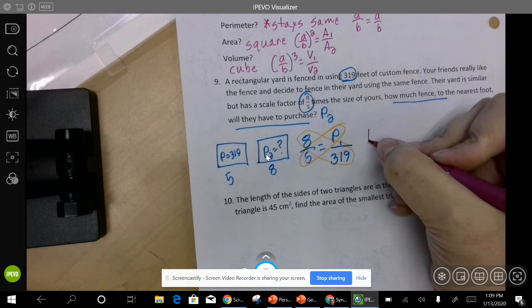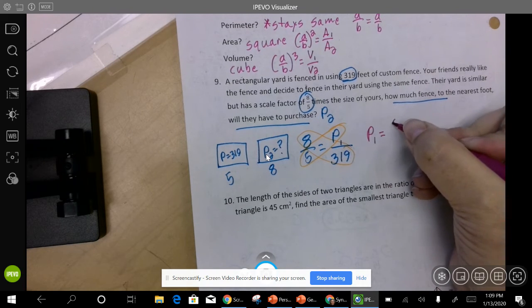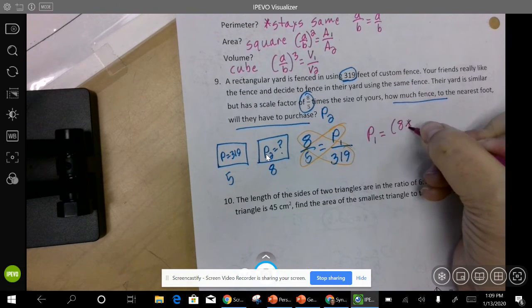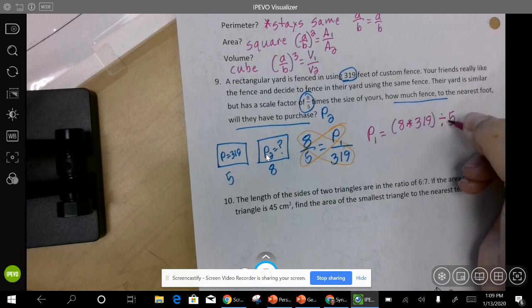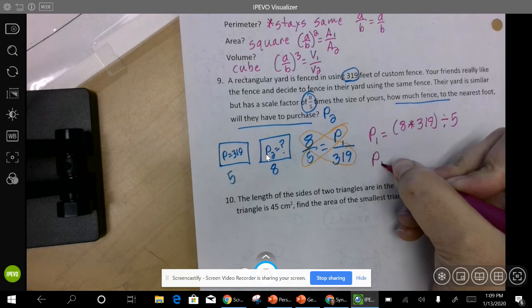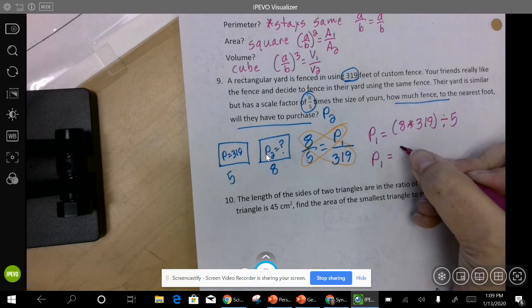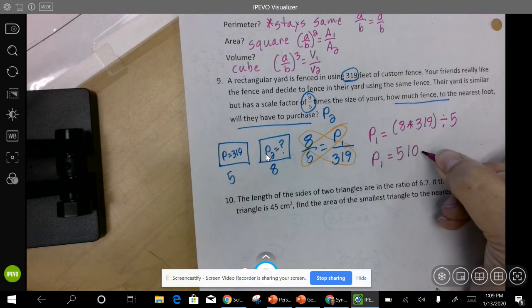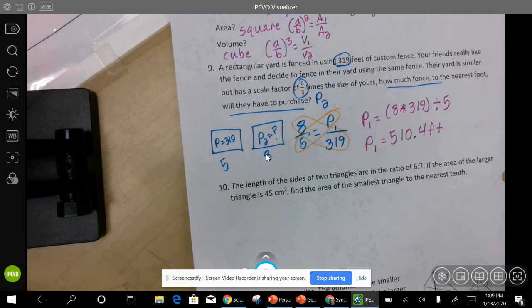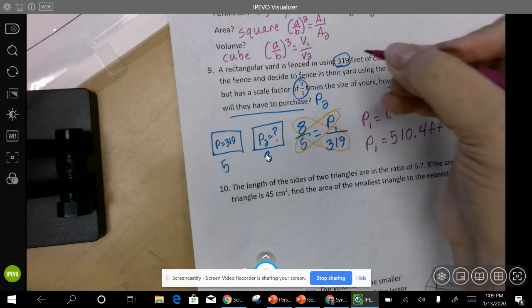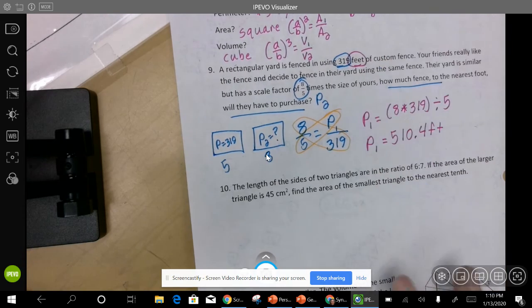So perimeter for theirs is going to be equal to 9 times 319 divided by 5. So it's going to be 574 and 1/10 feet. Notice we use feet because it gave us feet.